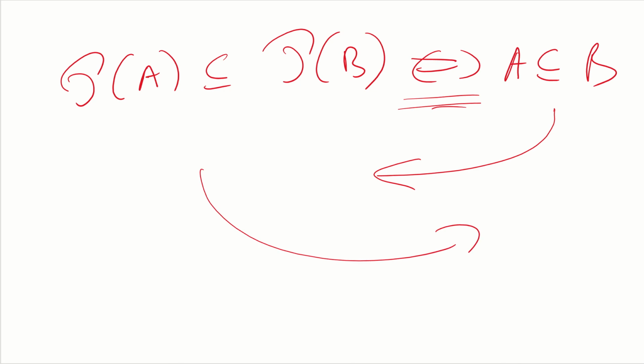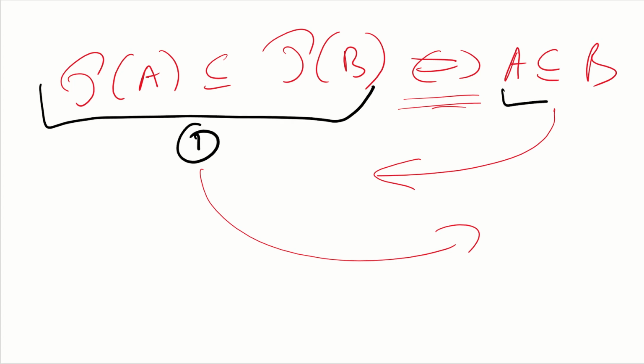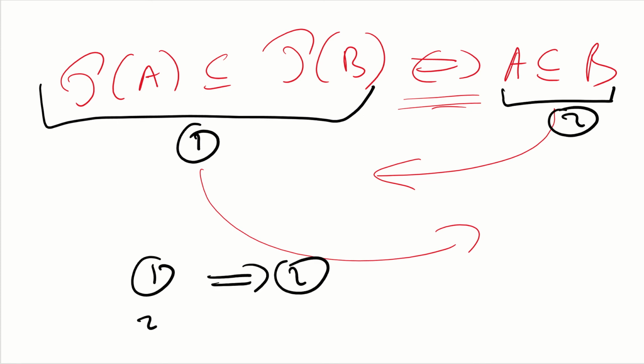So if I call this expression 1 and this expression 2, you must show that 1 implies 2, and you also must show that 2 implies 1. That's what you need to show in order to prove this.